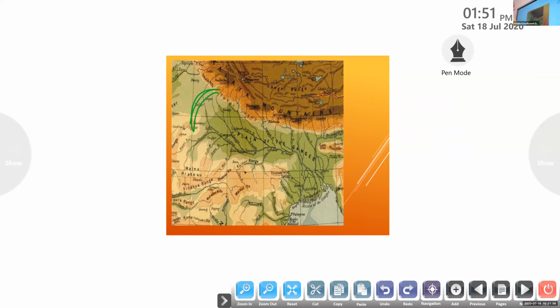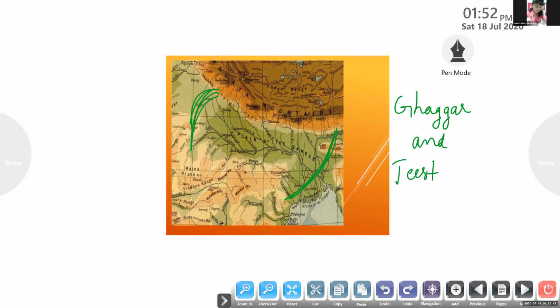Teesta, and till here we have Ghaggar. This is the second division, Ganga plain, lying between the river Ghaggar and Teesta. Is it clear, my dear children? Yes, ma'am.